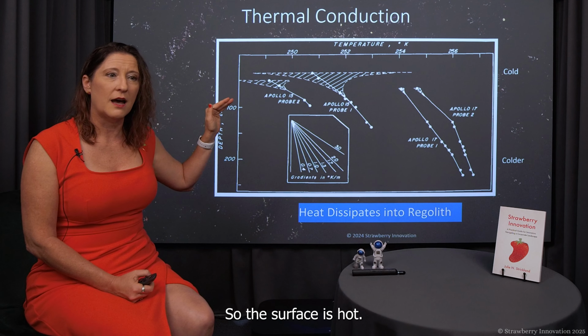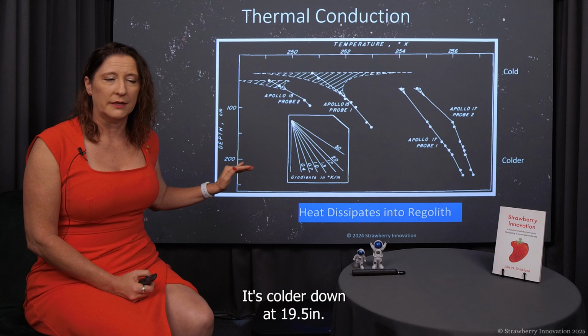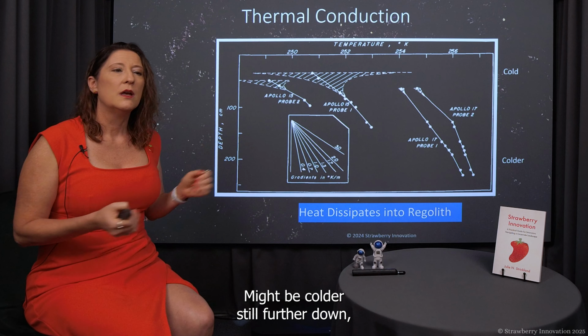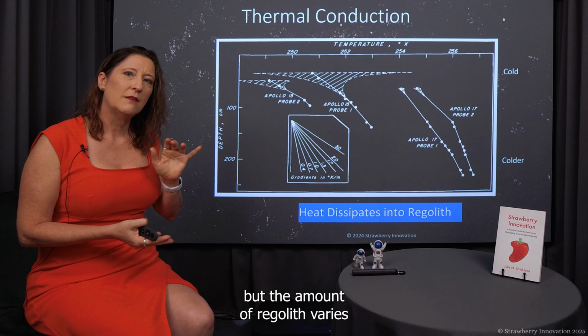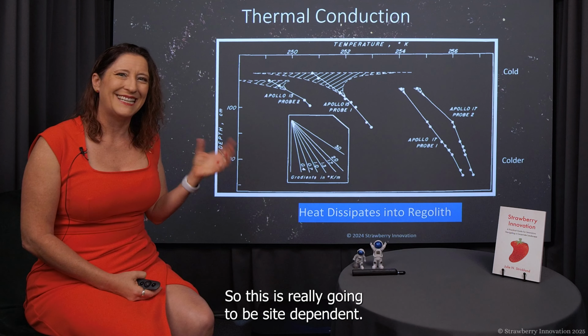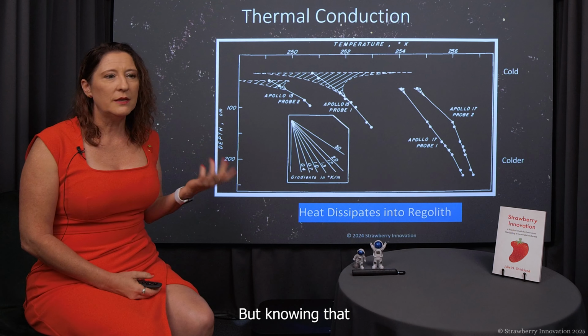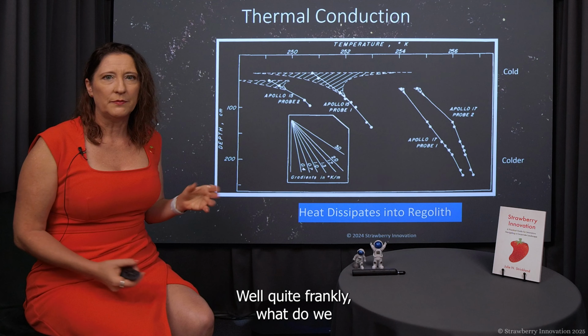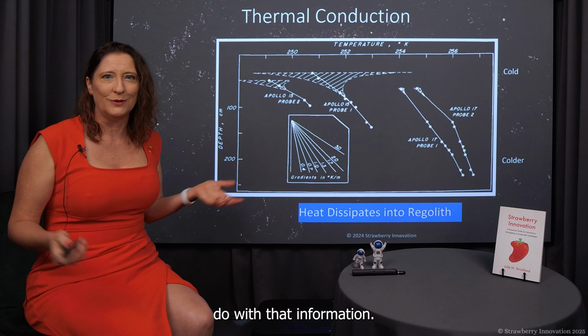So the surface is hot, it's colder down at 19.5 inches. Might be colder still further down, but the amount of regolith varies from place to place, so this is really going to be site dependent. But knowing that we have heat that can dissipate into the regolith, well, quite frankly, what do we do with that information?